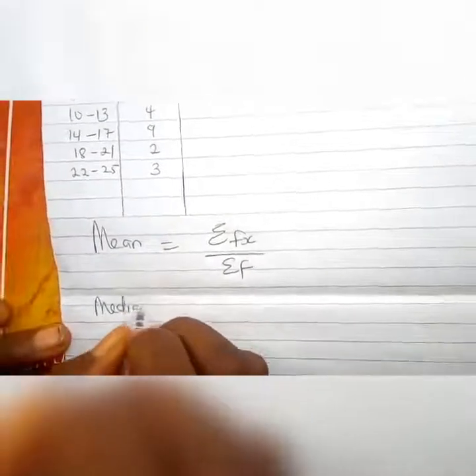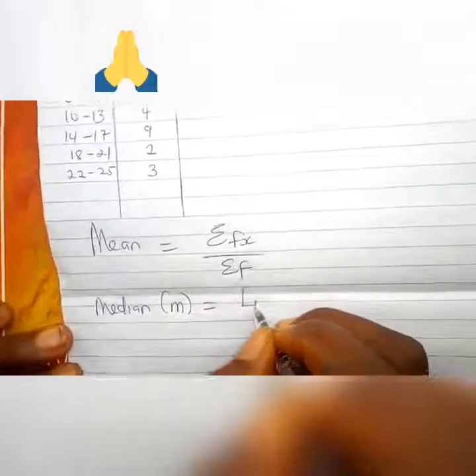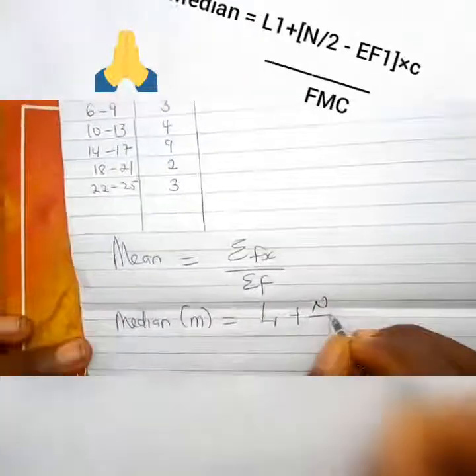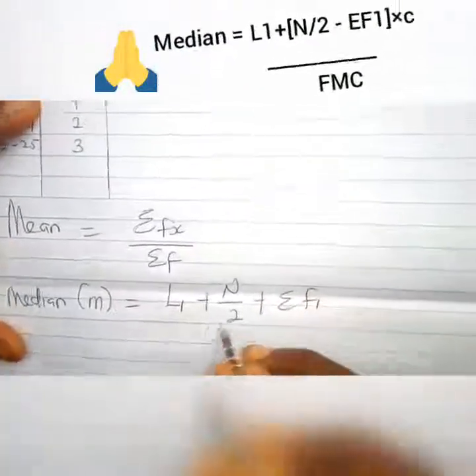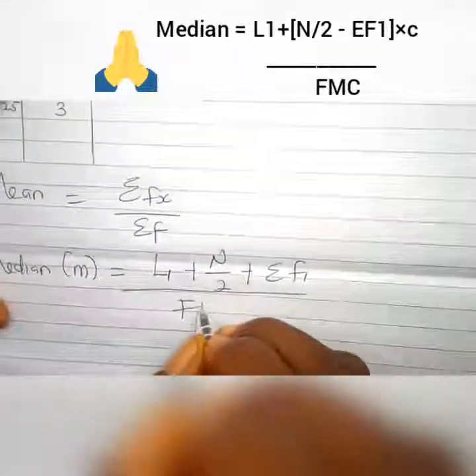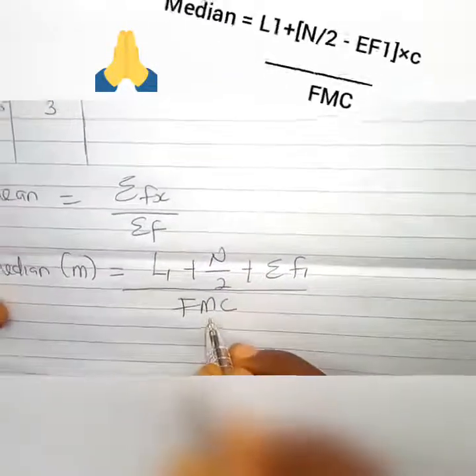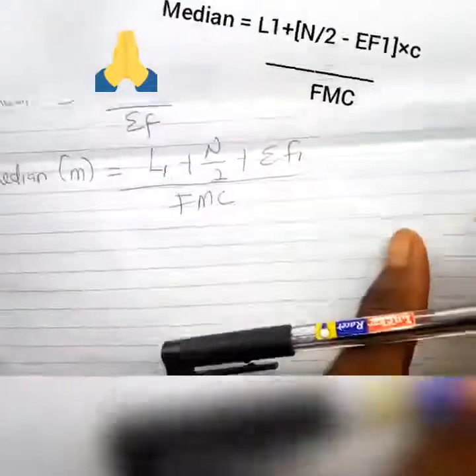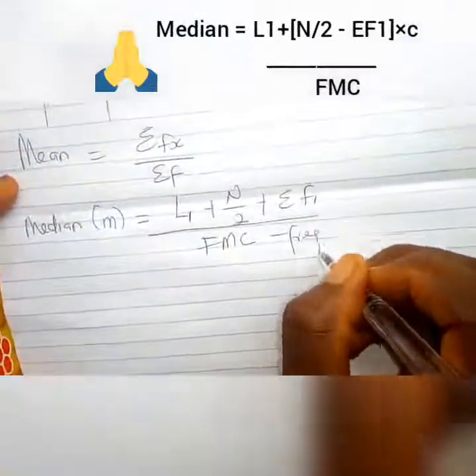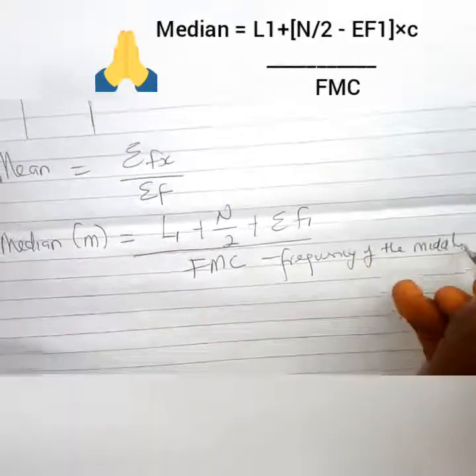And for the median, which is denoted as M, we have it as L1 plus N over 2 plus summation F1 over FMC, which is the frequency of the middle class. This FMC means the frequency of the middle class.